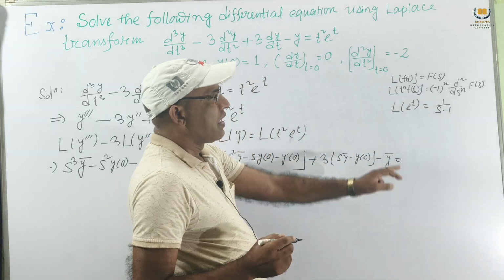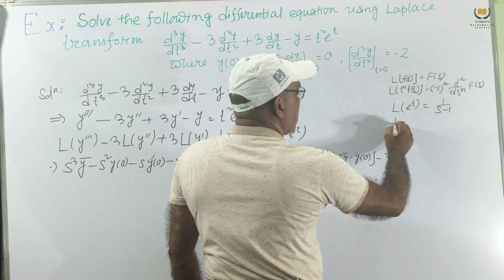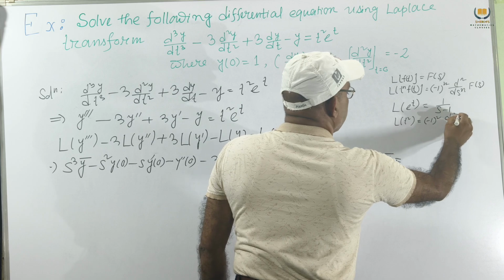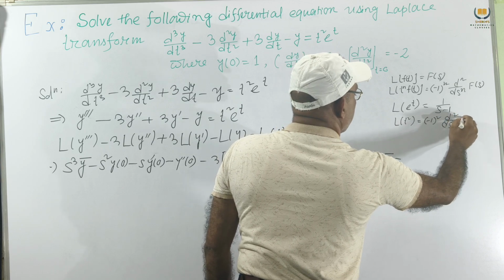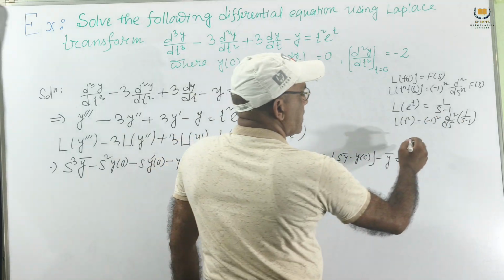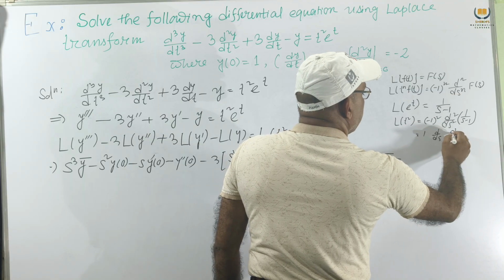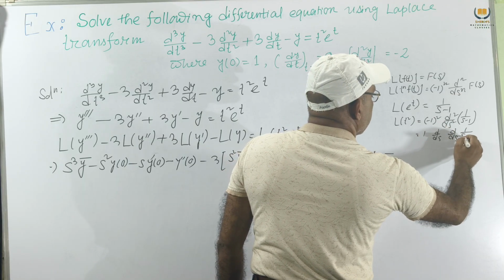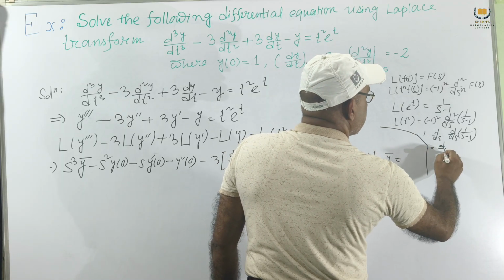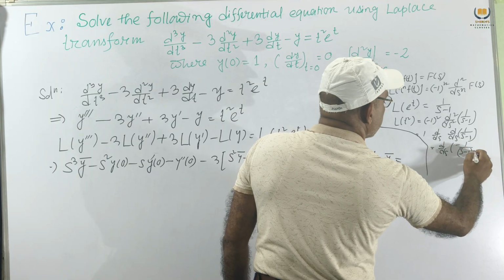L of e^t is 1 by s minus a, and if we multiply by t², then this is minus 1 to the power 2, d²/ds² of 1 by s minus 1. If we solve directly, d/ds gives minus 1 by (s minus 1)².